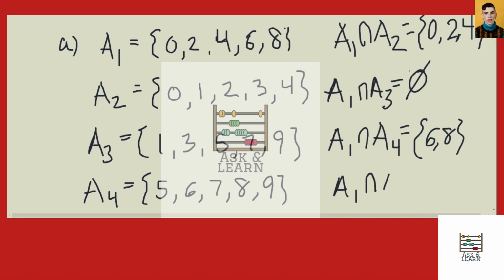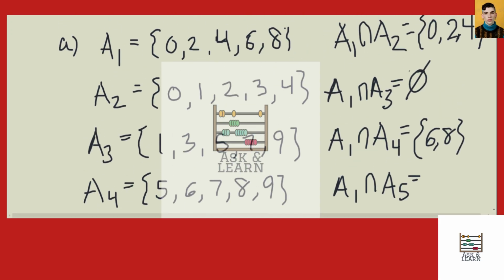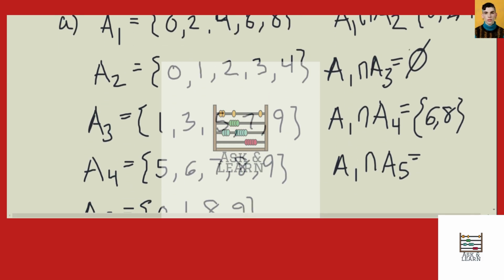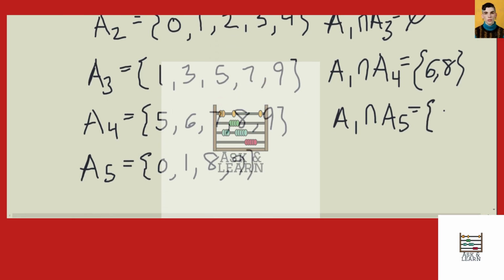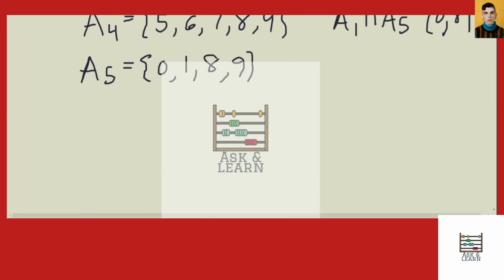And A1 intersect A5. This contains 0, 8, and so it's non-empty.